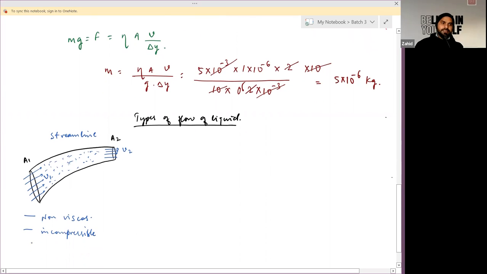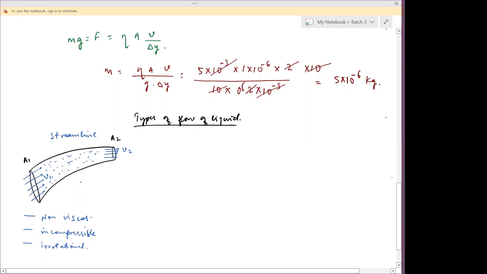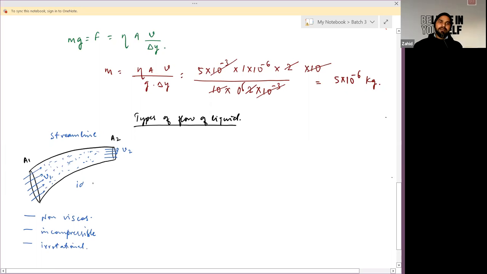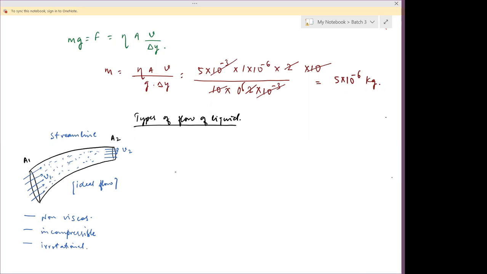And next, it should be irrotational, that is, there is no rotational property of liquid at any instant due to flow of liquid. So this type of flow is called streamline, or you may say ideal flow. Yusuf, is it clear? Yes, sir.